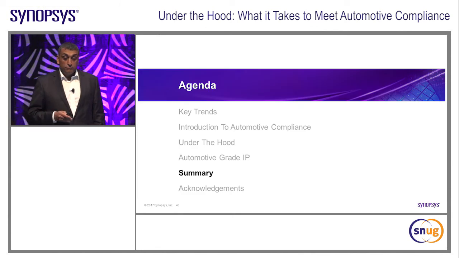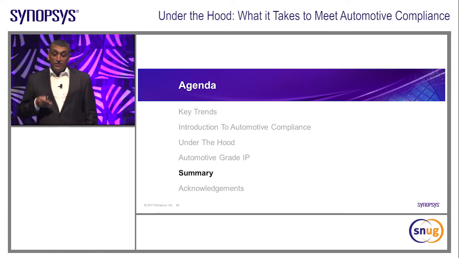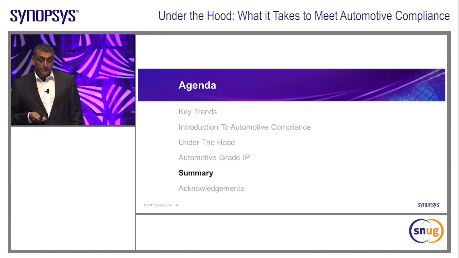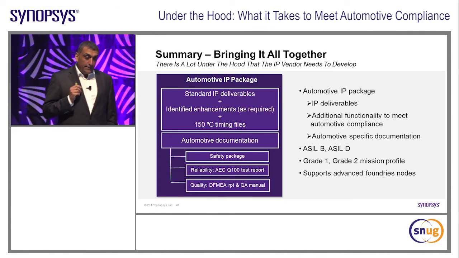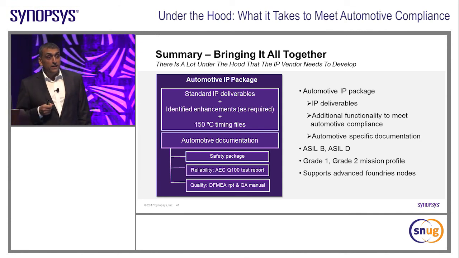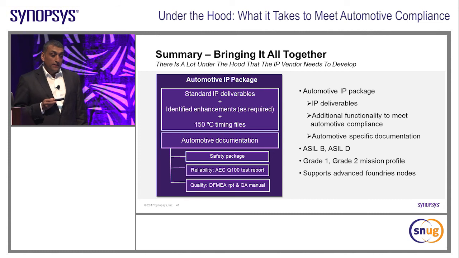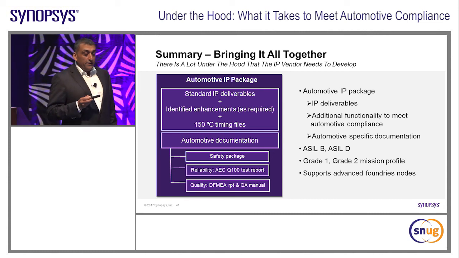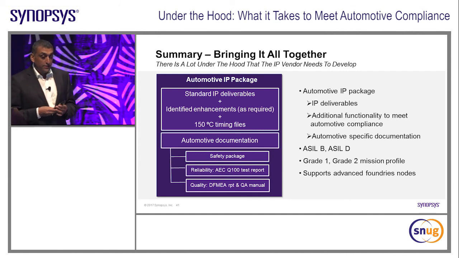Okay, so to close out, I gave you a lot of information to get to automotive compliance. So to bring it all together, there's a lot under the hood. Hopefully I gave you some kind of perspective of the type of work that we've done at Synopsys in order to meet that. What we've done is come up with a concept called an Automotive IP Package. Okay?